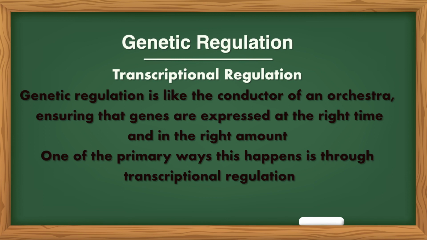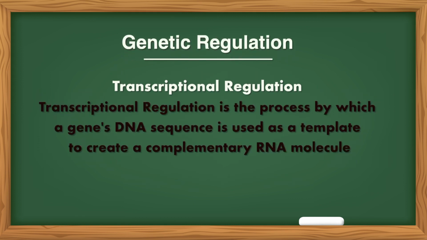Now, genetic regulation is like the conductor of an orchestra, ensuring the genes are expressed at the right time and in the right amount. One of the primary ways this happens is through transcriptional regulation. Transcriptional regulation is a process by which a gene's DNA sequence is used as a template to create complementary RNA molecules.